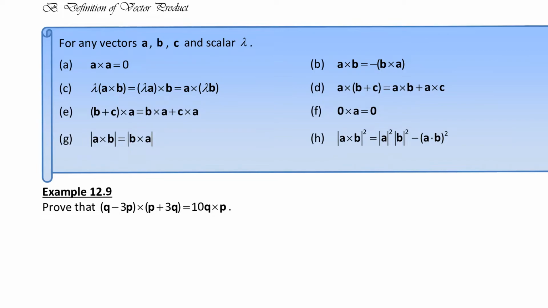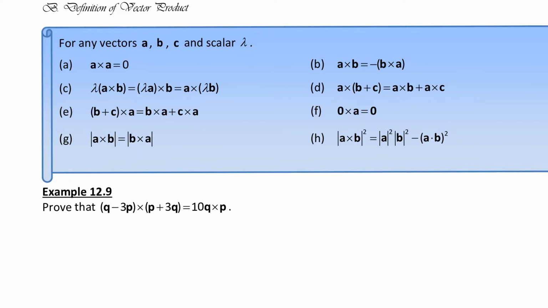And the last one, the magnitude of A cross B, take the square, is equal to magnitude A squared times magnitude B squared minus (A dot B) squared. We can have more discussion on this one.